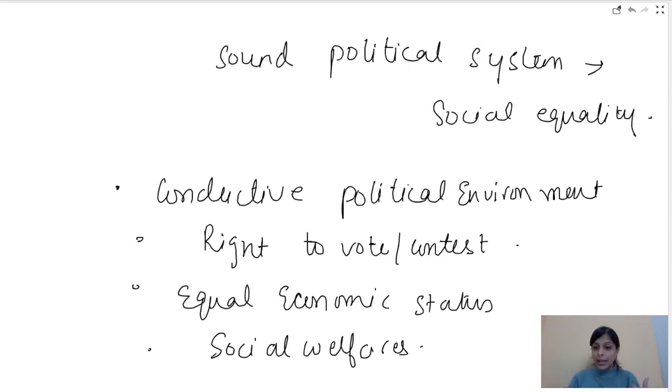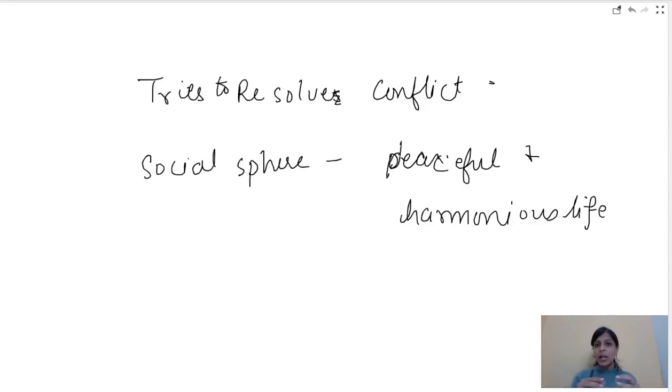The government undertakes a lot of social welfare schemes, tries to achieve universal literacy rate, and also in the social sphere, it tries to ensure a very peaceful and harmonious life for all the citizens, so that they can lead a peaceful life and have social equality. And also the last point is it tries to resolve the differences with respect to social inequalities, and comes up with a mechanism through which you can negotiate on those social differences also.